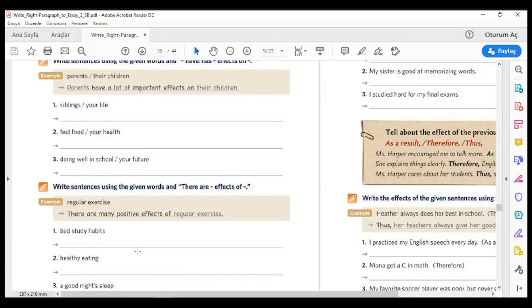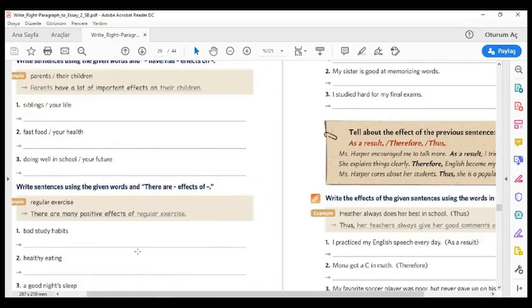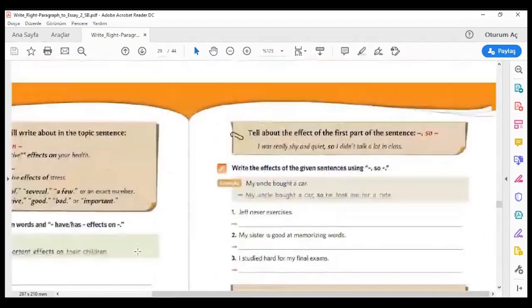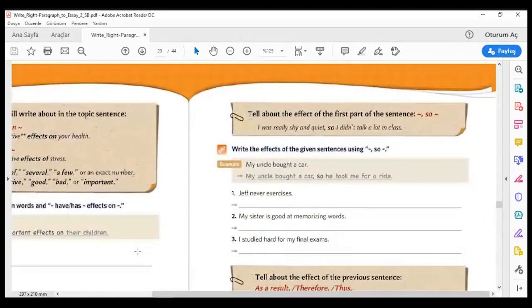Okay, so we'll move on to the last page for this lesson. How about the effect of the first part of the sentence using comma and so? I was really shy and quiet, comma, so I didn't talk a lot in class.